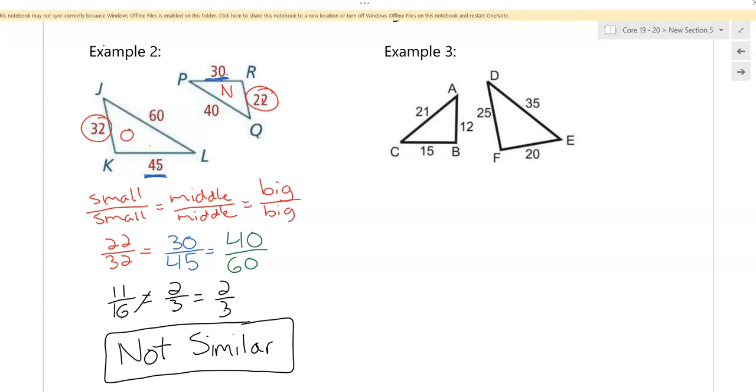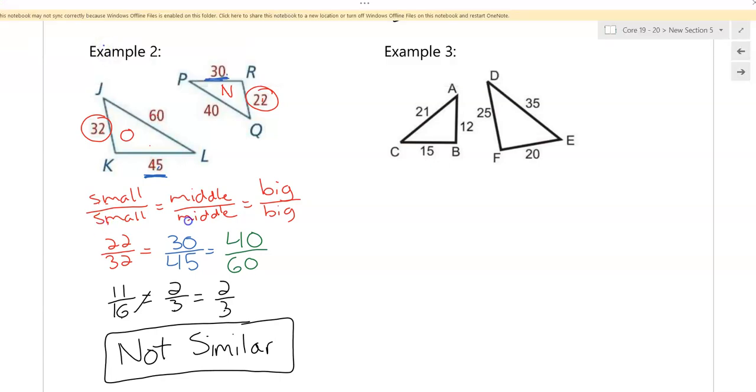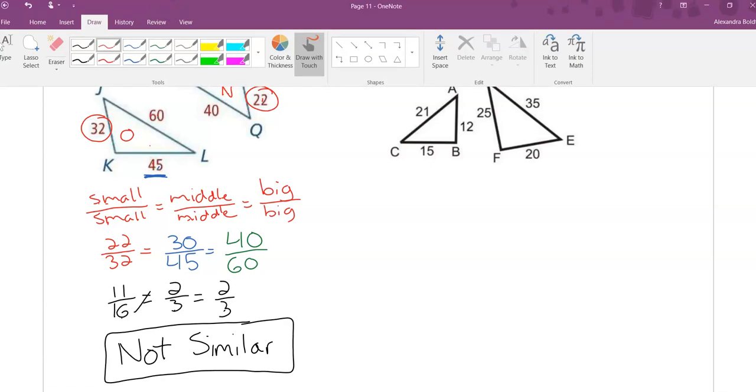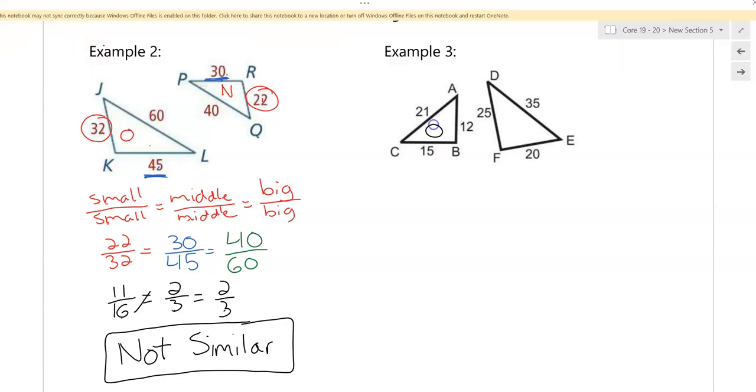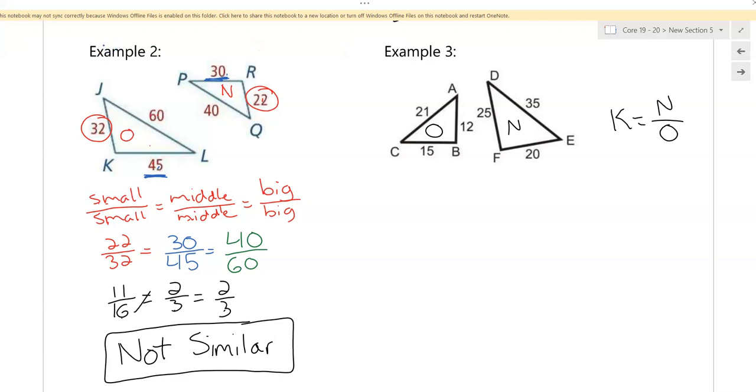Right. Looking at our last example here. Again, using small over small, middle over middle, big over big. We have our old triangle and our new triangle. And again, we're still doing new over old. So I have to choose the smallest number on my new, which is 20. And I have to do my smallest number, which is 12.